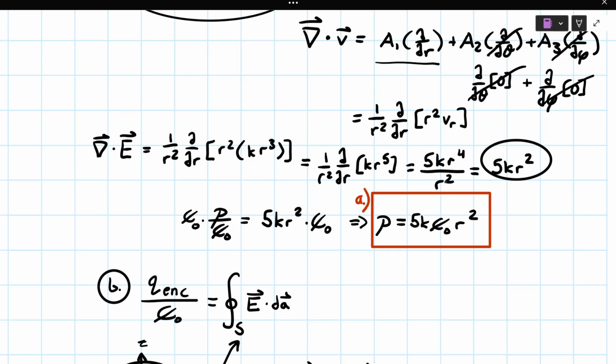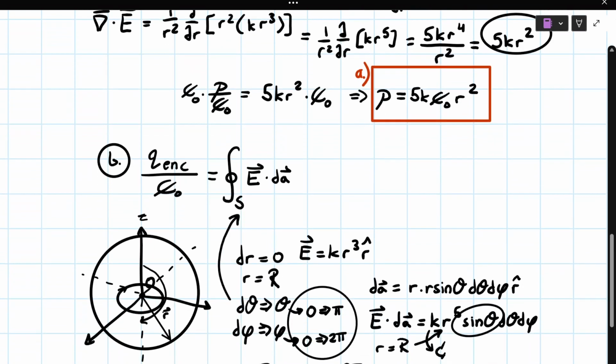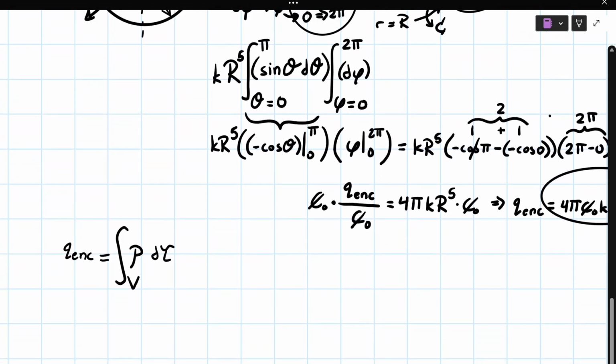This was performed correctly, right? And then we divide this. No, wait a minute. We set it equal to rho over epsilon naught and get rho. There was no epsilon naught in it. Yeah, that's correct.